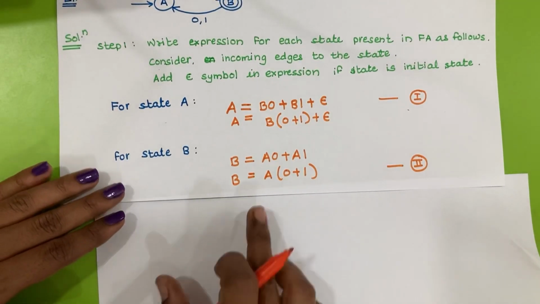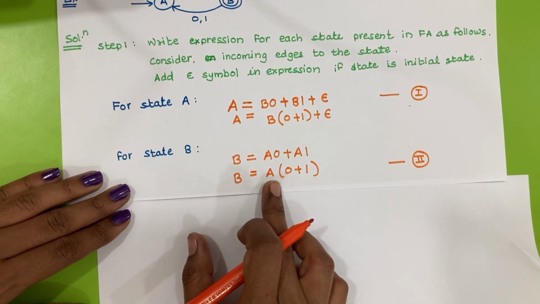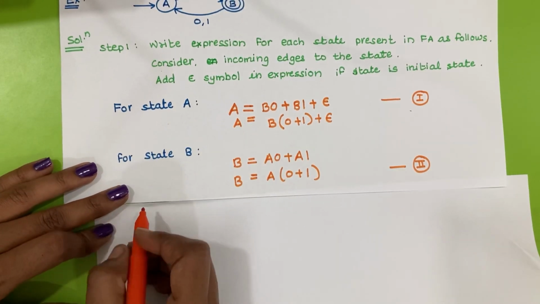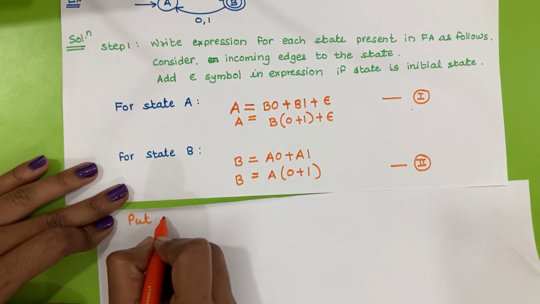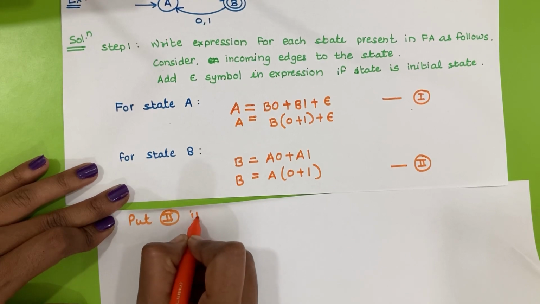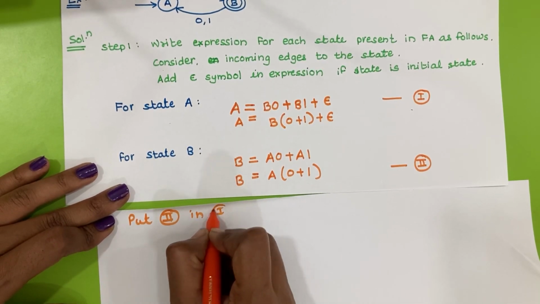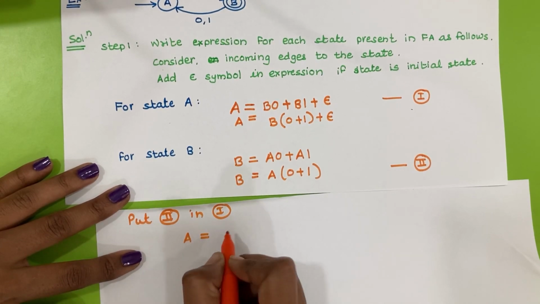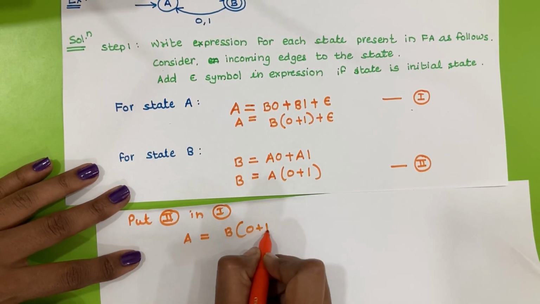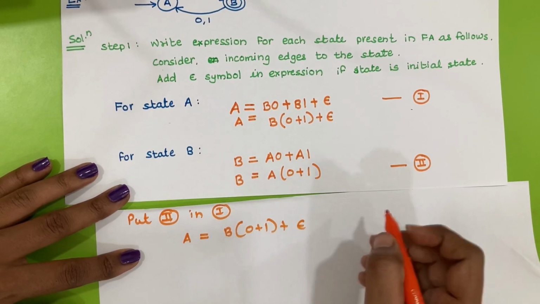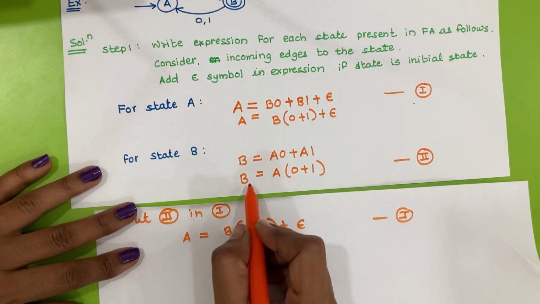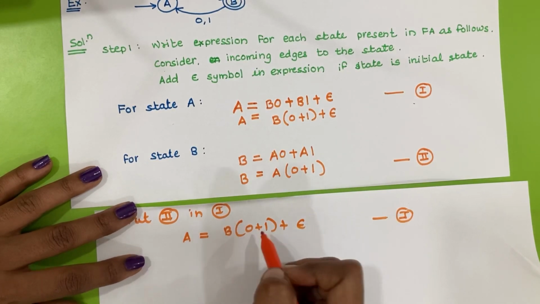Now I'll put the value of B, which is A into 0 plus 1, in expression number 1. So put 2 in 1. A is equal to B(0 plus 1) plus epsilon, which is expression number 1. So I'll put the value of B in this expression.